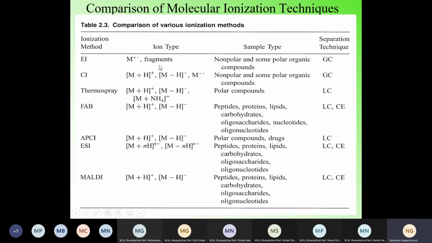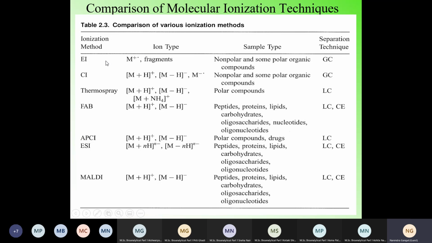The typical ion formation in EI is M plus. In the other techniques you always have proton transfer, that is M plus 1 or M minus 1, and in ESI you have M plus multiple protons. These are the typical ionizations. Why do we need a variety of ionization sources?